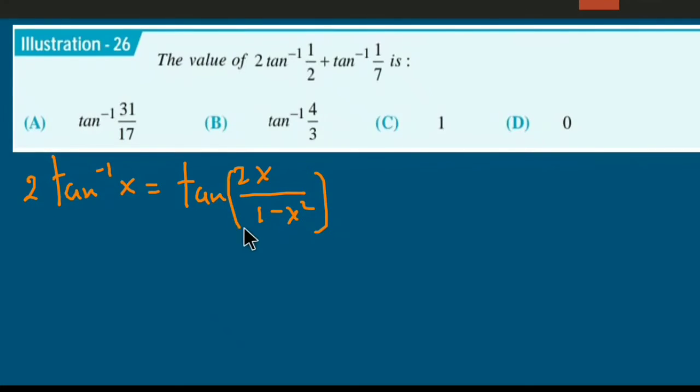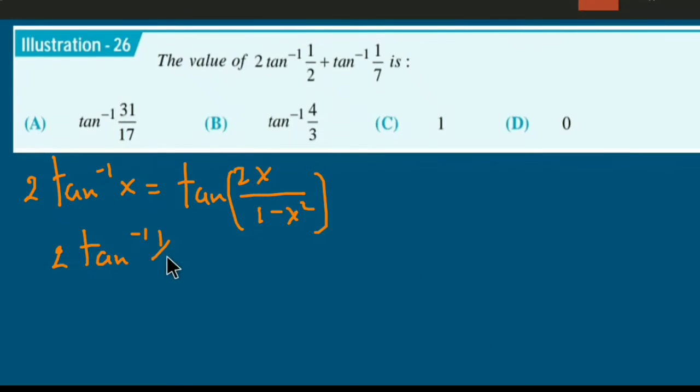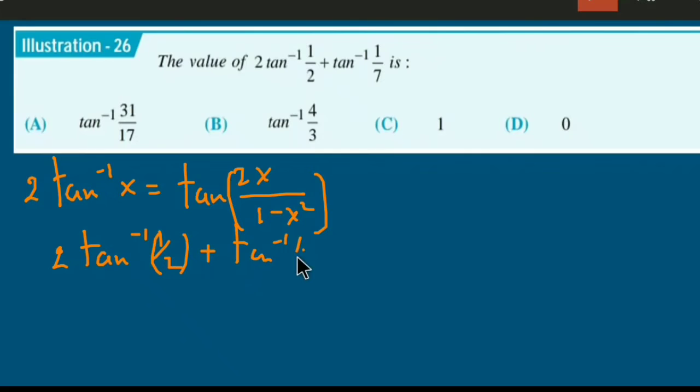Applying this formula here, we can evaluate 2 tan inverse 1 by 2, and plus tan inverse 1 by 7. Then we apply the tan inverse x plus tan inverse y formula, that is x plus y upon 1 minus xy.